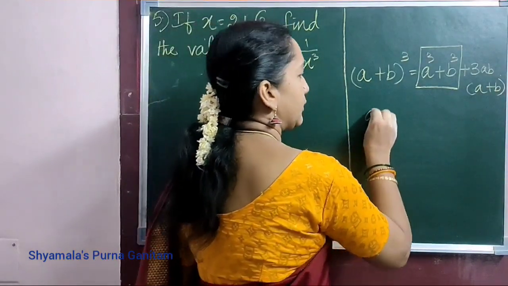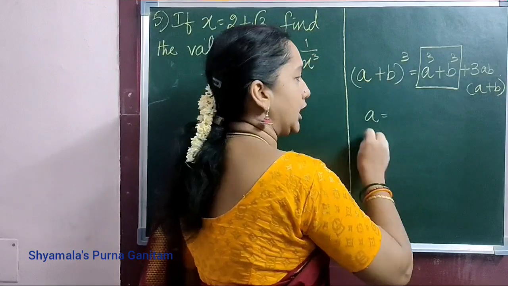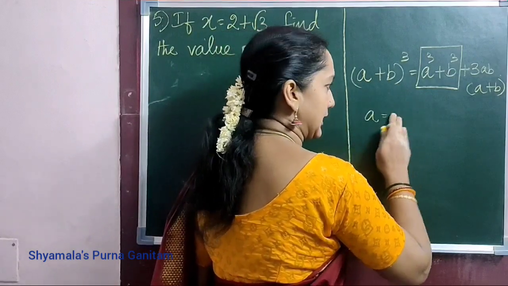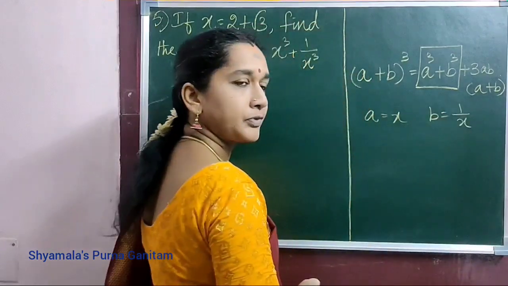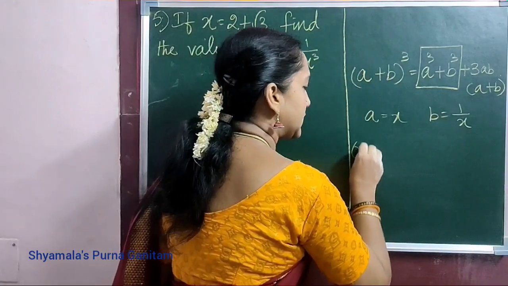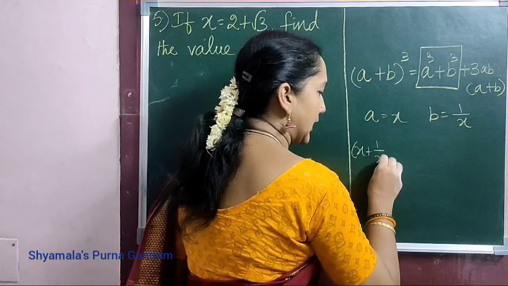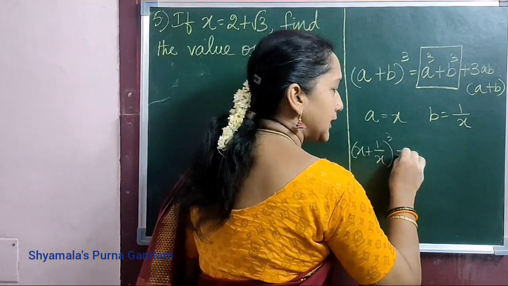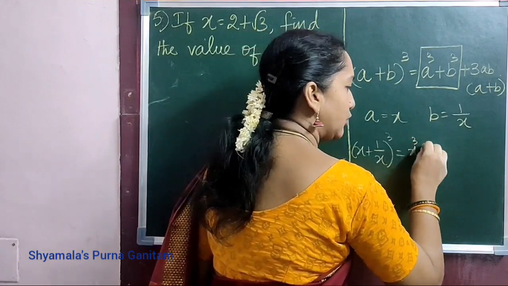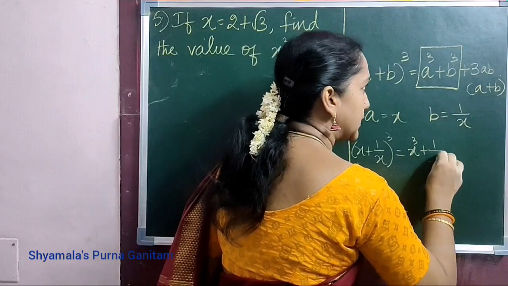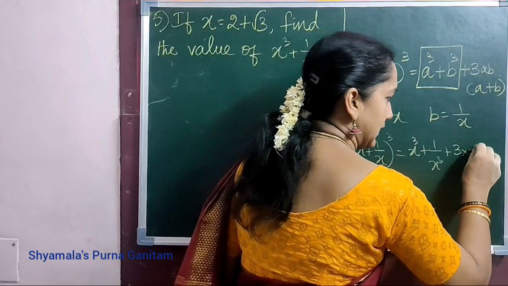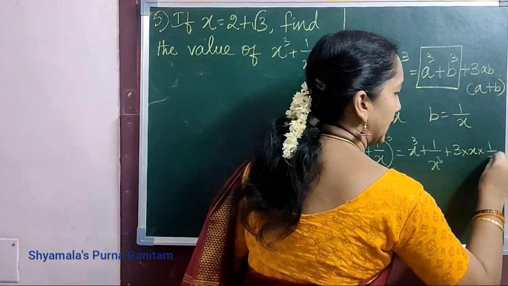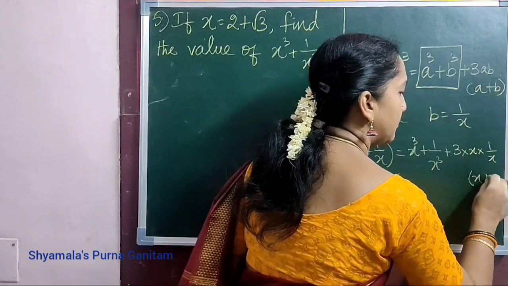That is, in this identity, you take a as x and b as 1 by x. Okay, so x plus 1 by x the whole cube is equal to x cube plus 1 by x cube plus 3 into a is x, b is 1 by x into a plus b.